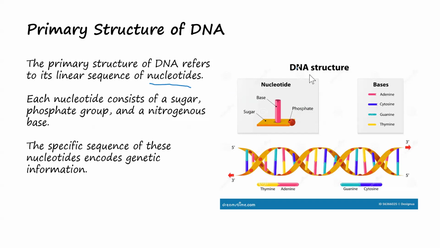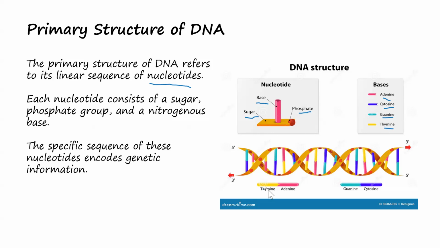What are the components of these nucleotides? The components of nucleotides are a nitrogenous base, a phosphate group, and a sugar. The nitrogenous bases found in DNA are adenine, cytosine, guanine, and thymine. These are the four nitrogenous bases found in DNA.